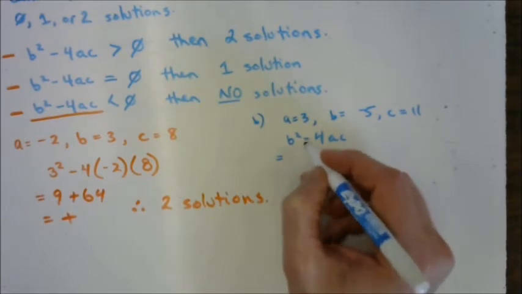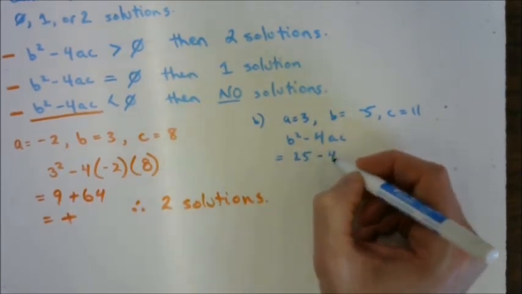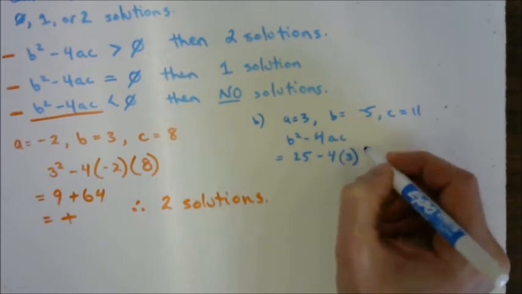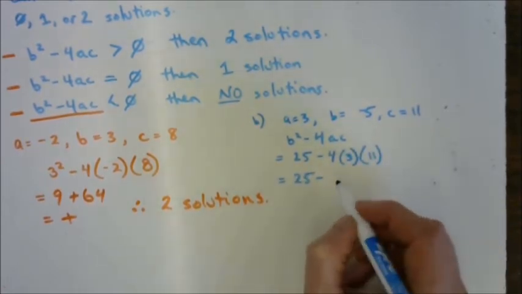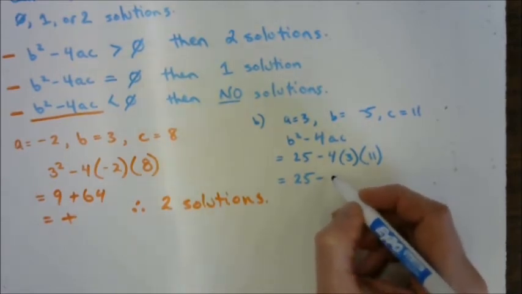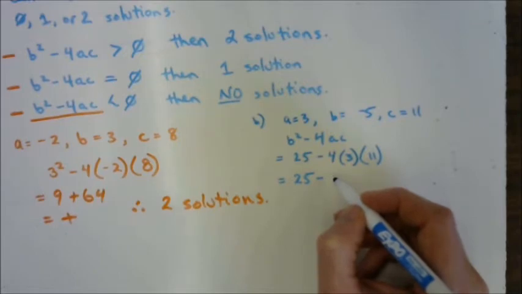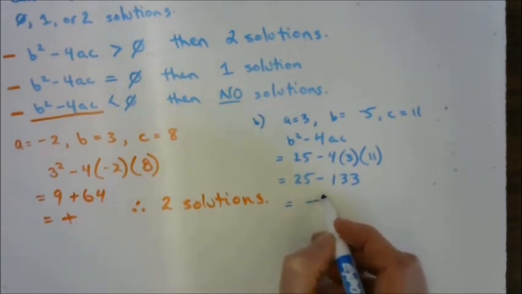So it's going to be negative 5 squared, which is positive 25, and then minus 4 times 3 times 11. We got 25 minus 12 times 11, which is 132. Which is obviously going to be a negative number.